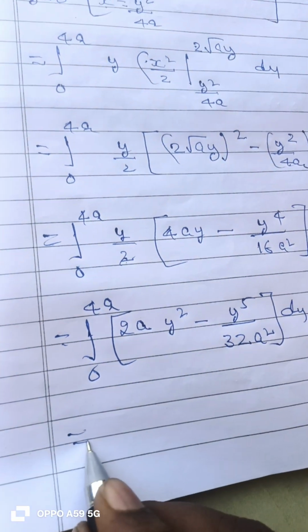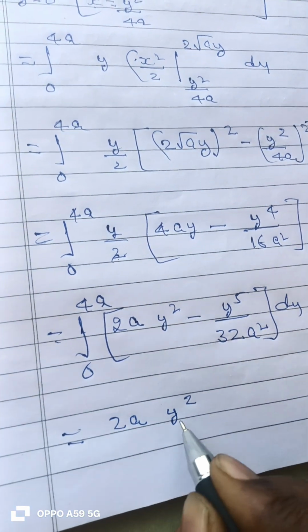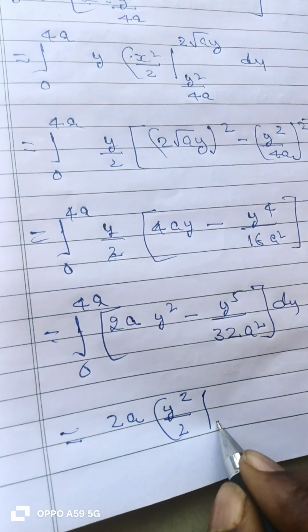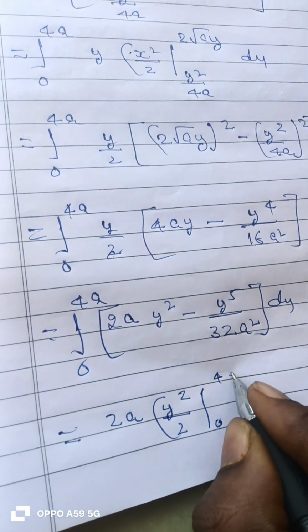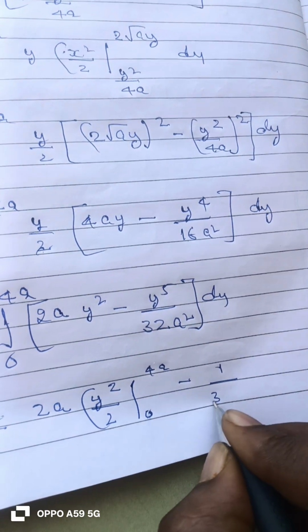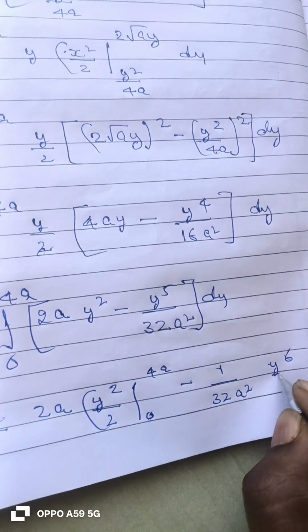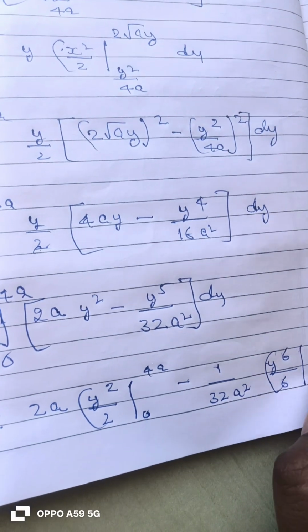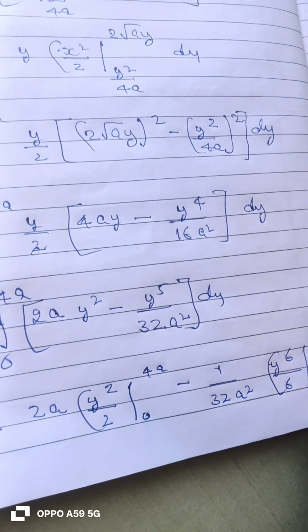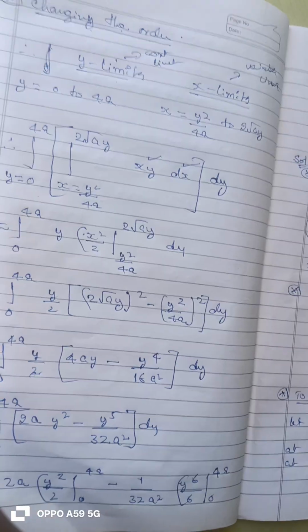Now if you do the integration, 2a will be the constant, this is y square divided by 2, limit is 0 to 4a, minus 1 divided by 32 a square, this is y to the power of 6 divided by 6, limit is from 0 to 4a.